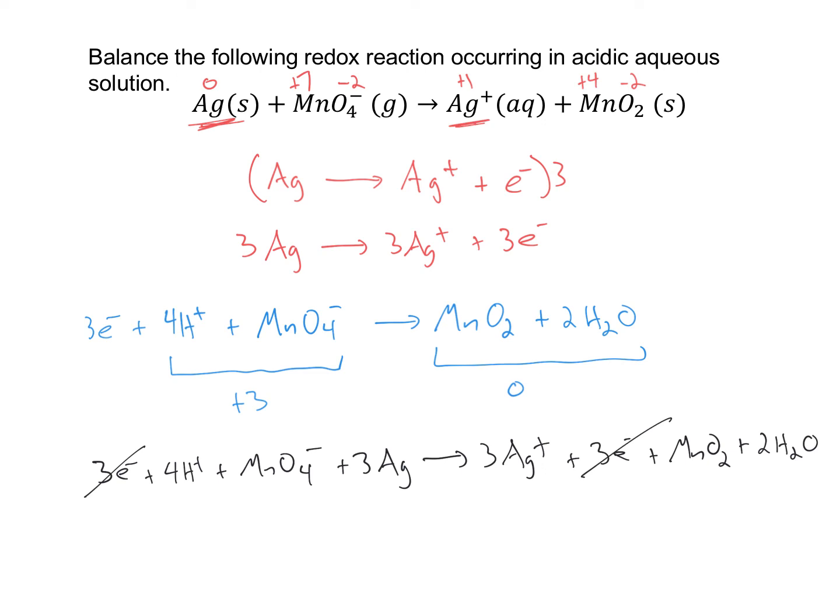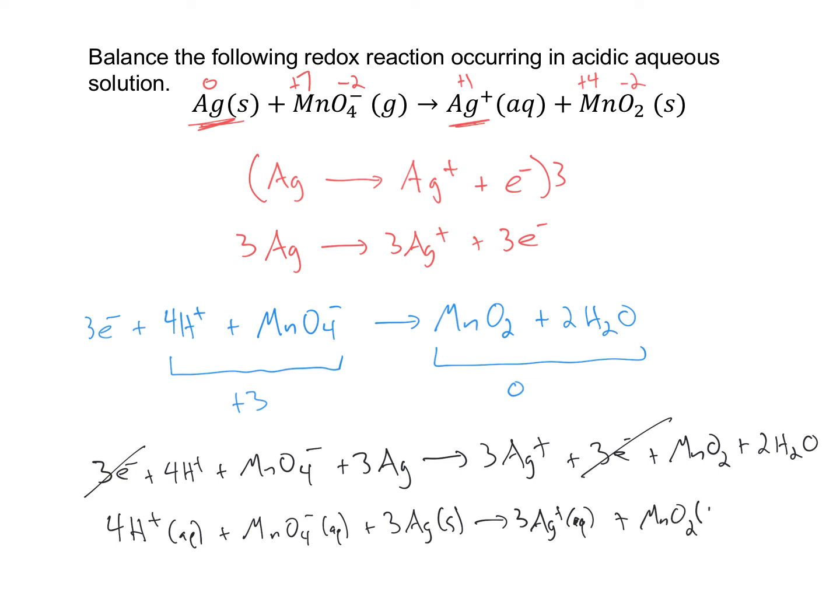And so then our balanced redox reaction will be 4H plus aqueous, aqueous permanganate ion, 3 silver atoms will make 3 silver ions, manganese 4 oxide, and 2 waters.